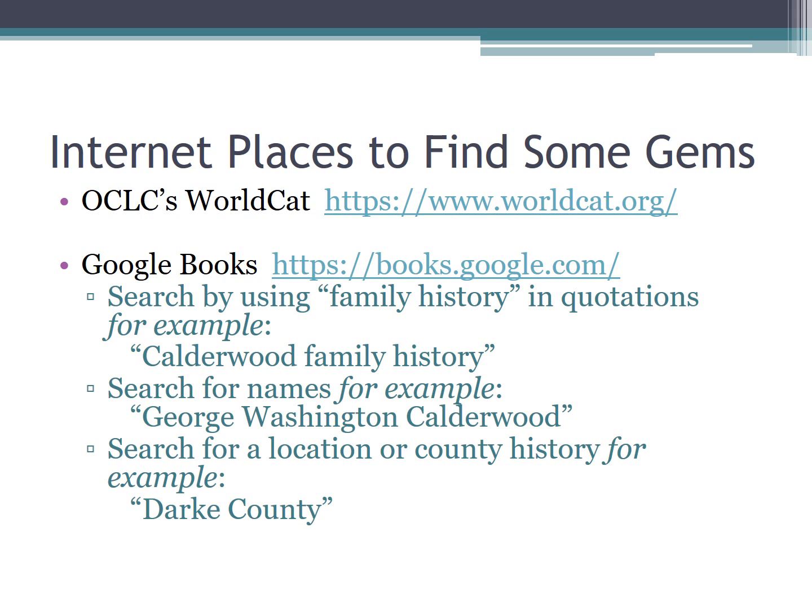So if you want to search, for example, family history, put the surname in and put family history, and put it all in quotations. If you want to search for a name, again, use those quotations. And if you're searching for a location or county history book, again, put that county name in quotations.